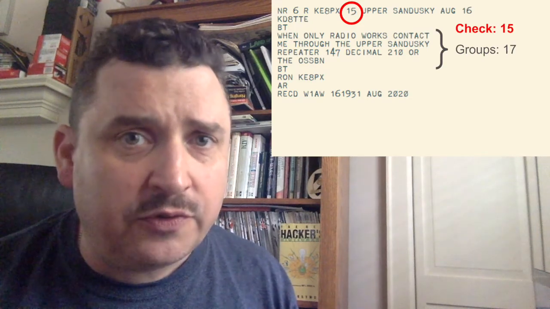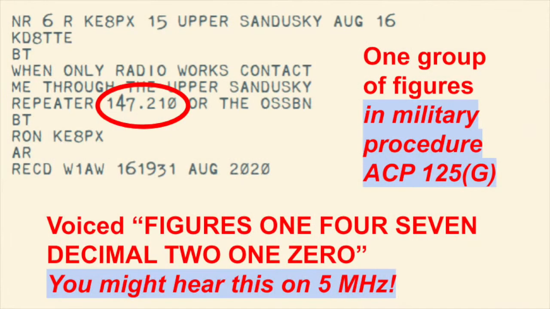It's noteworthy that this group, if voiced, figures 147 decimal 210, would be a legitimate group, one group, if we were using the ACP 125 procedure that we see in military and government circuits.